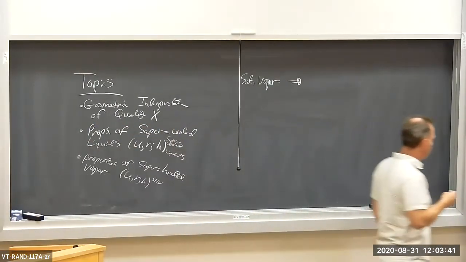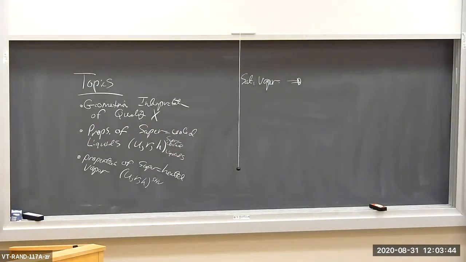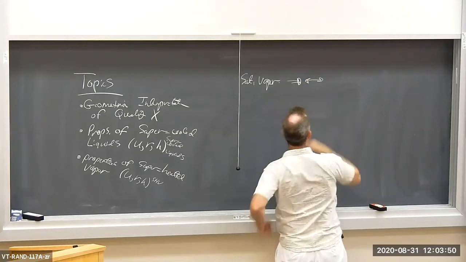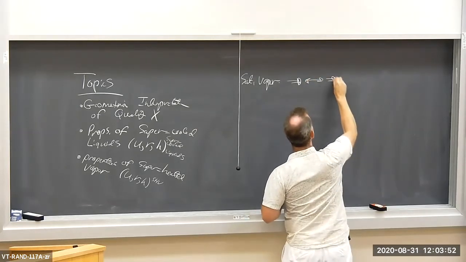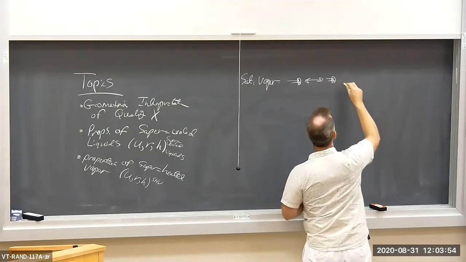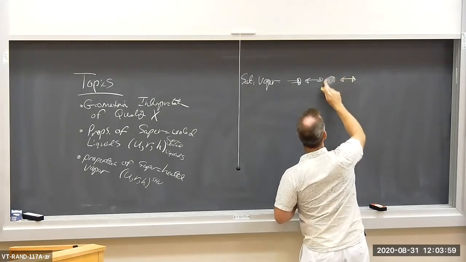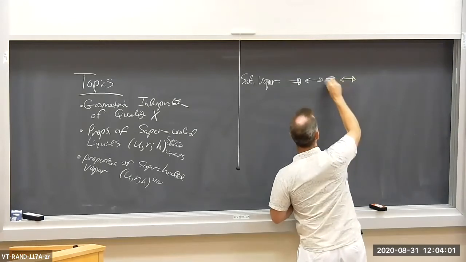So for saturated vapor, green equals yellow. Equals, not implies.